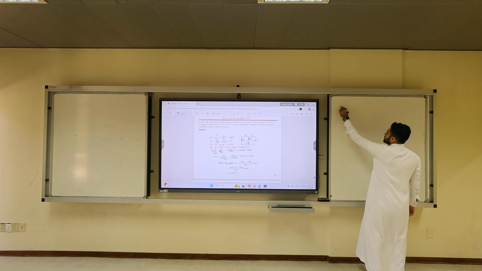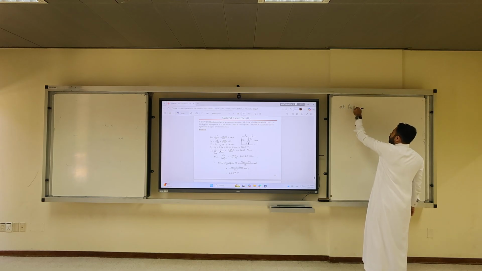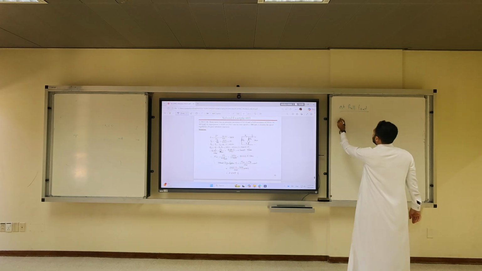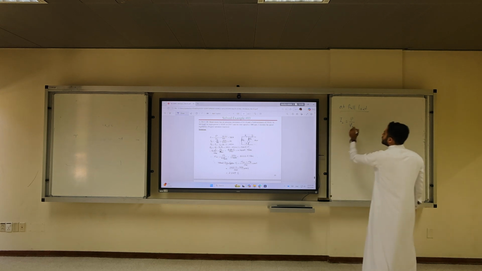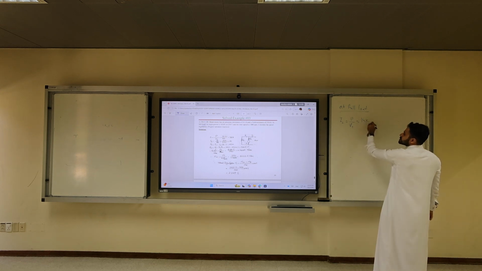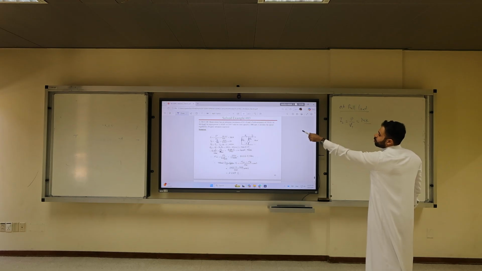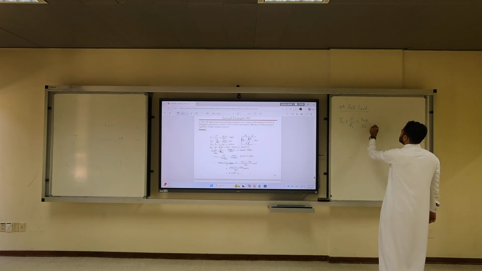So what do I have at full load? I line is power over voltage, which is 14 kilowatts, it's written in the problem, over 250, which is equal to 56 amps.